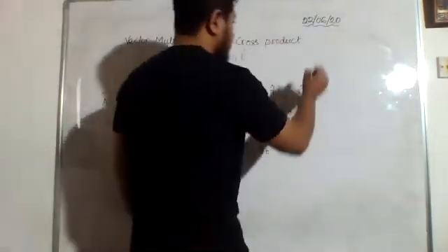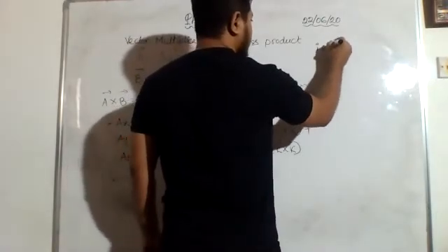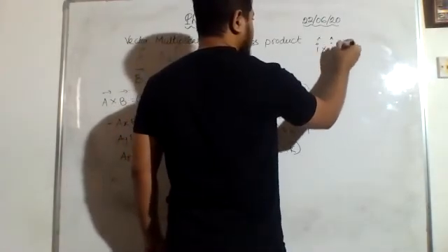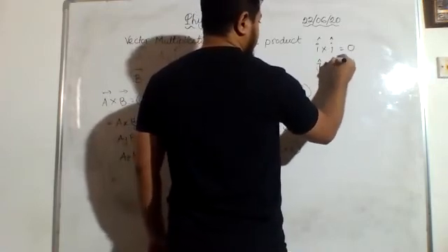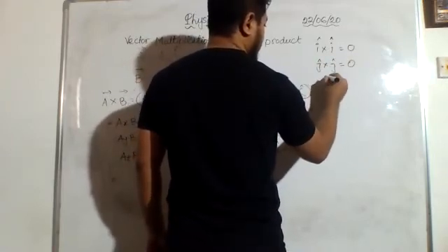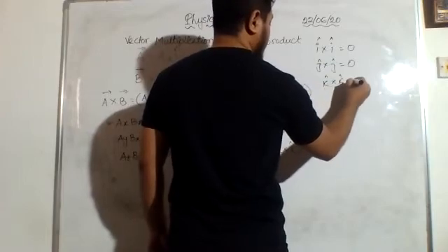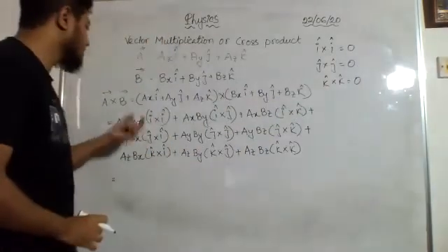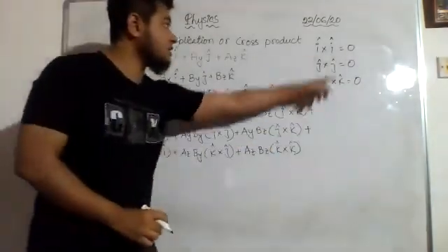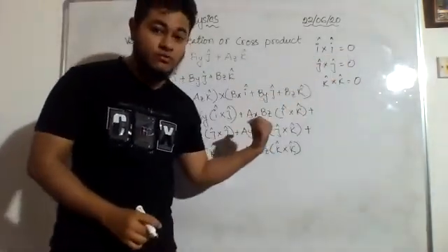this i cross i, I will write it here because obviously you couldn't get the chance to memorize these things. At first I will omit them. i cross i, these are equal to 0. We already proved that a little bit ago.